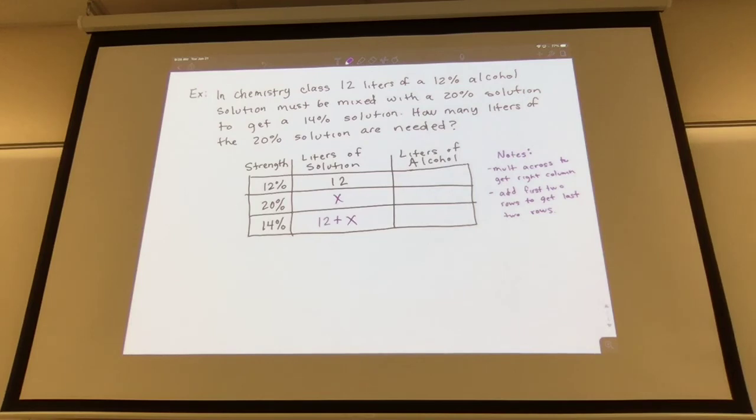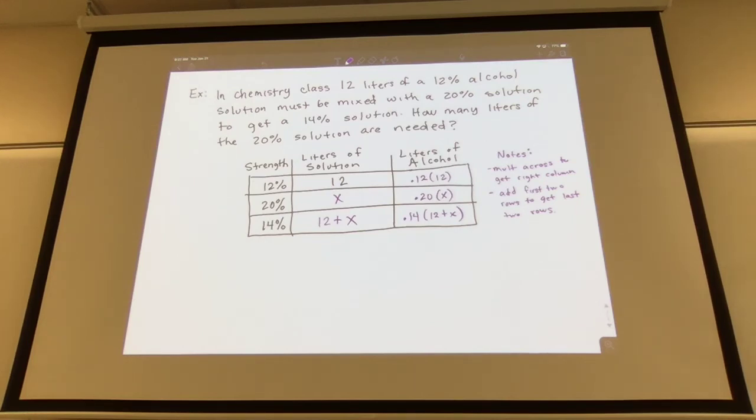So if we multiply straight across, the decimal is 0.12 times 12. Multiply across the top. For the second row, I'm going to have 0.20 because we want to write the percent as a decimal, x. And for the bottom one, we'll have 0.14, 12 plus x. That's what I mean by to get the far right column, you multiply straight across.